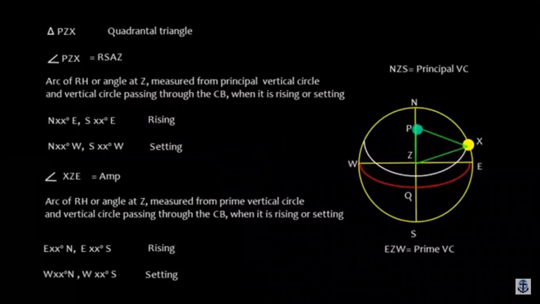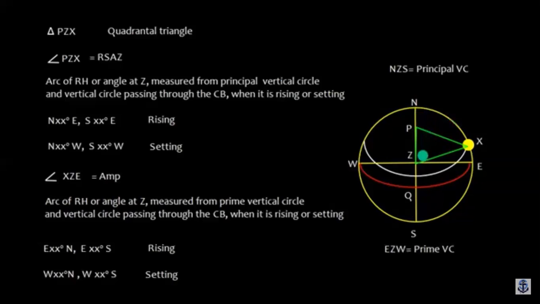So we have this PZX triangle, a quadrantal triangle, which means that one side is 90 degrees. So in the PZX triangle, for Napier's rule, we need to have one angle 90 degrees. Each part of this circle represents 90 degrees at the zenith. So PZX is a spherical triangle.